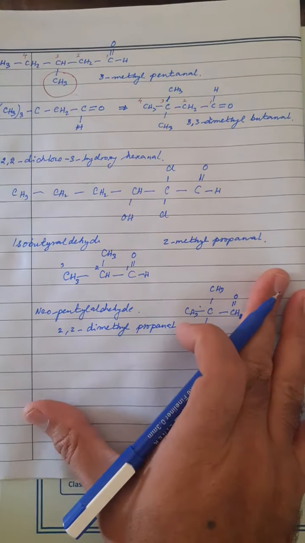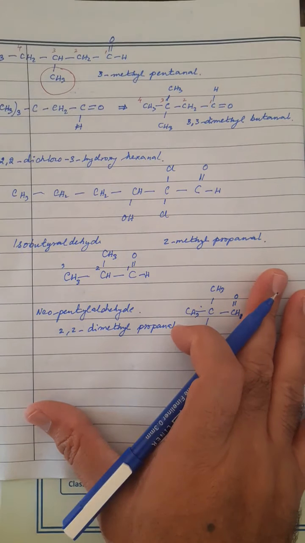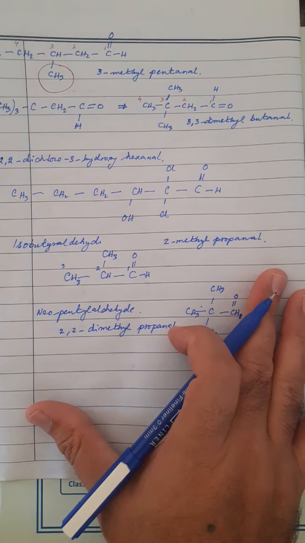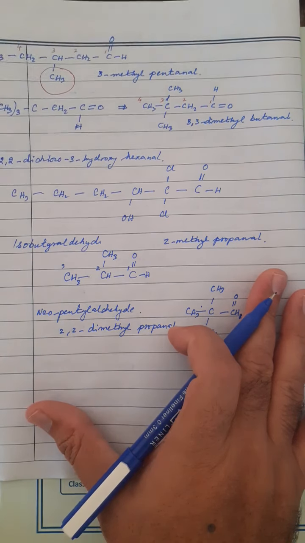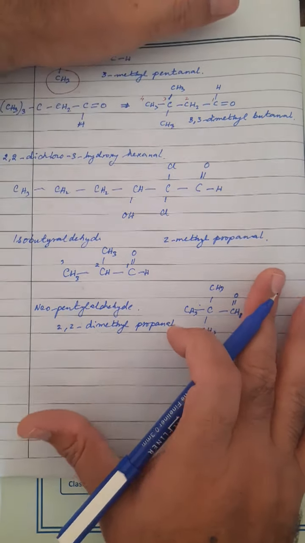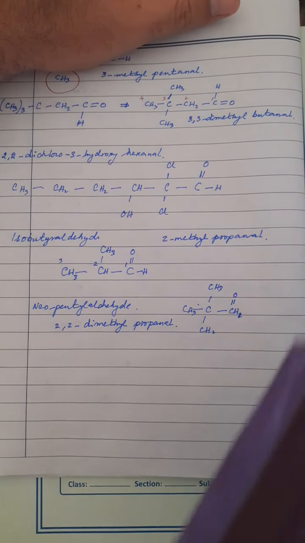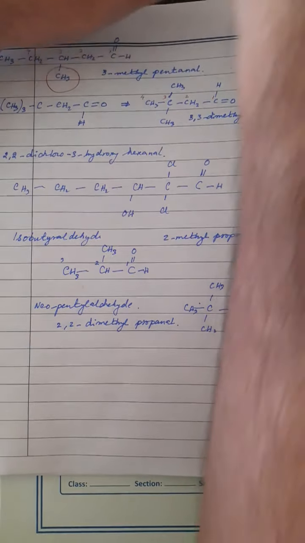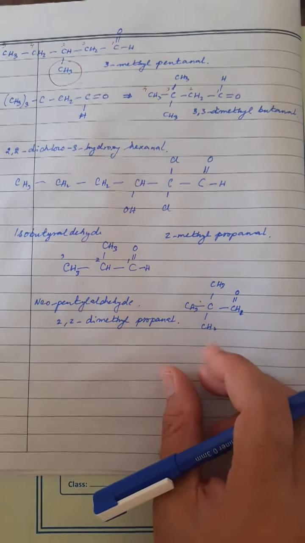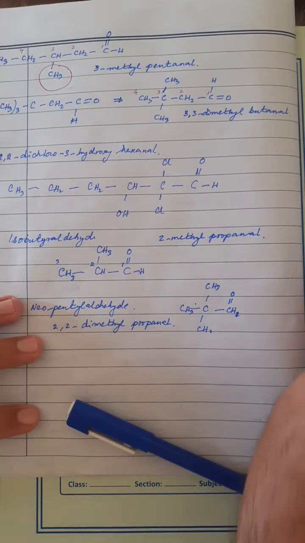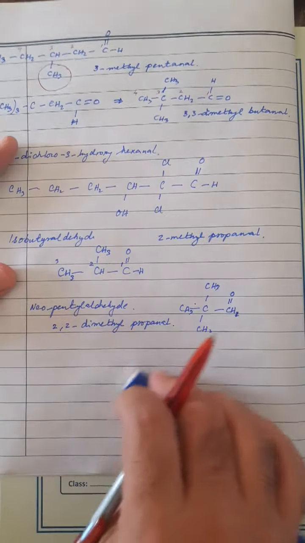So this way, because most of the naming is based on the naming of the alkanes, the alkane rules really shine here once again when we try to name the aldehydes. And I hope that you have gotten the idea pretty much clearly.